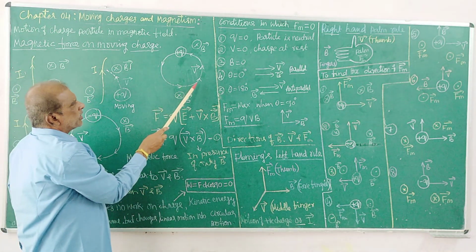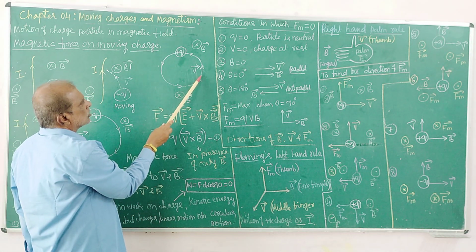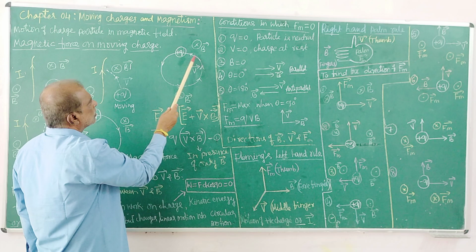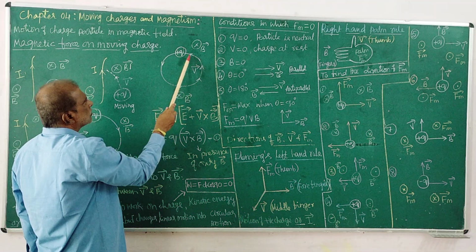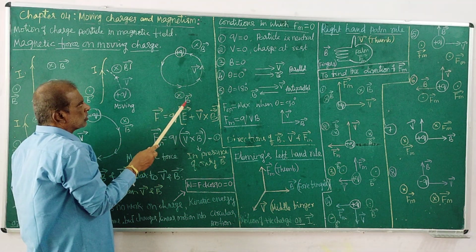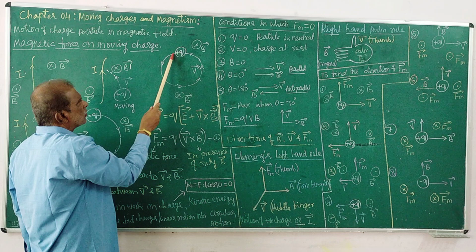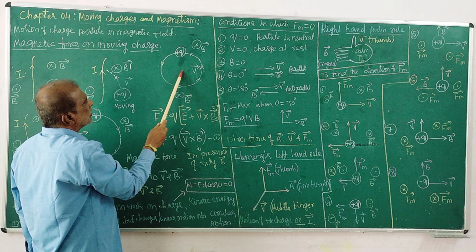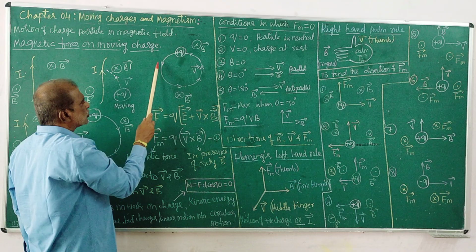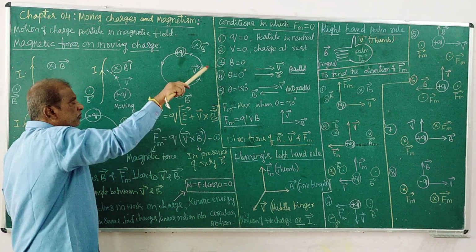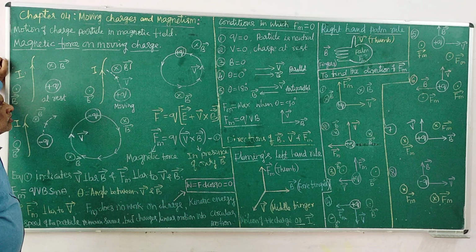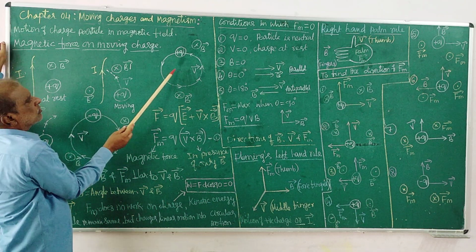Finally, the deviation turns into a smooth circular movement of the charge. It forms a circle with a definite radius, a circular motion like this in a uniform magnetic field. So, what happens here?